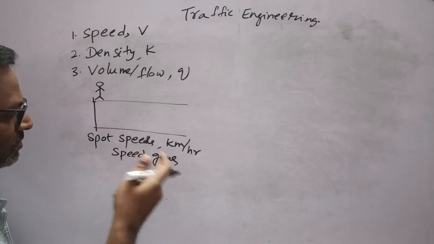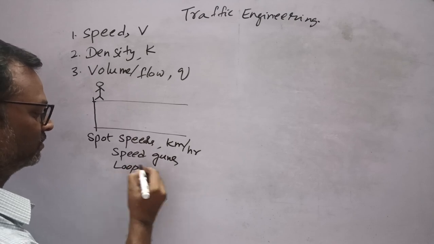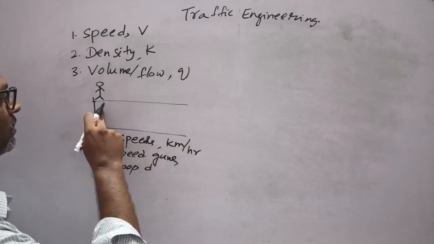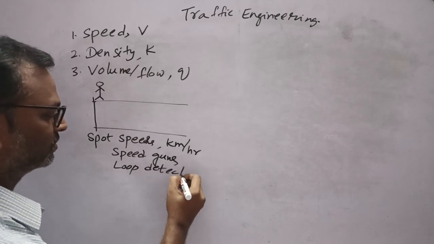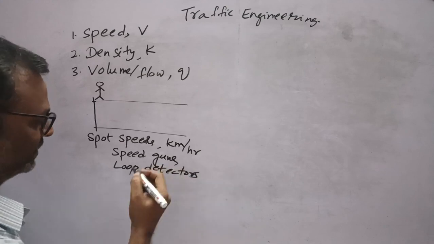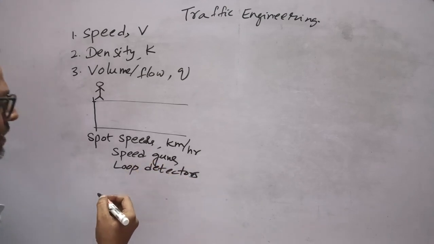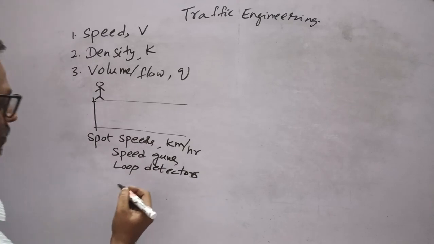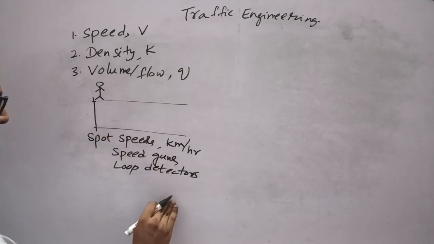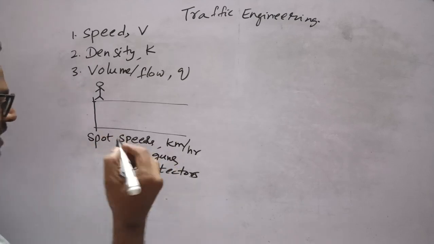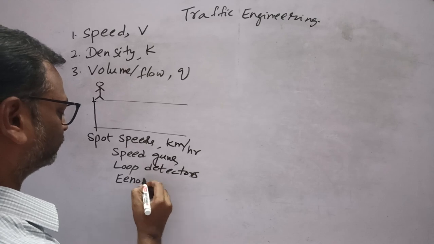They use guns, or you can use loop detectors which are installed along the road, beneath the road surface. We have so many other detectors also, like acoustic detectors. And generally for student and academic purposes we use the enoscope.